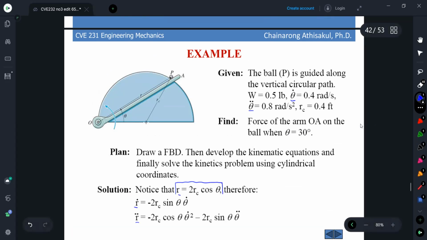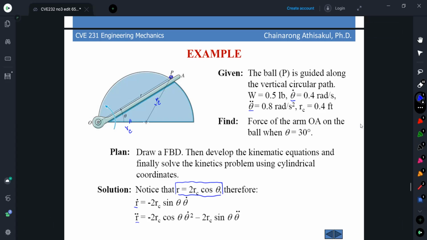The function r, that is the position of particle P in polar coordinates, is defined by r equals 2 r_c cosine theta. This is r_c, and it is a circular path, so this is r_c also.